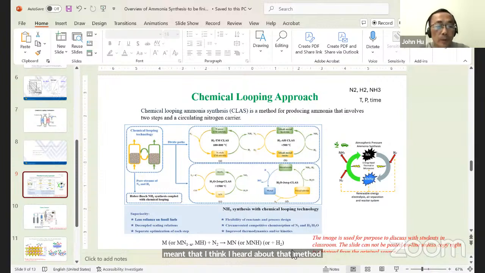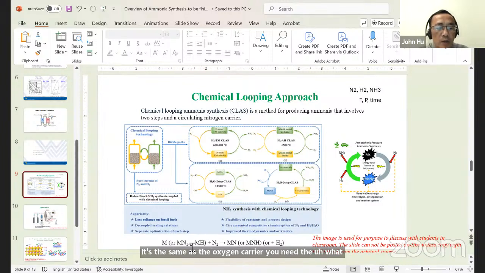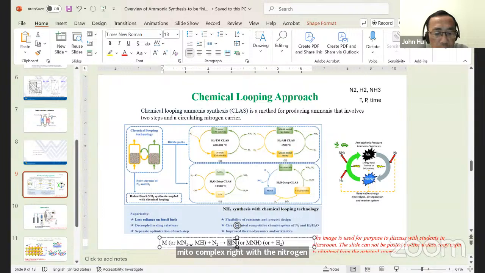Yeah. So it's the same as the oxygen carrier. You need what you call the nitrogen carrier. That's why there is this equation at the bottom. You have to select a metal or metal complex to react with the nitrogen, forming this complex. It's called MN: M means metal, N means nitride. It's not N2.